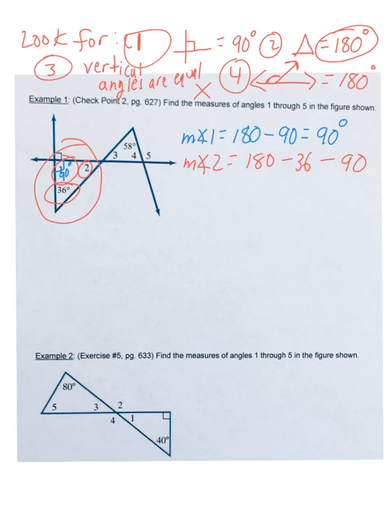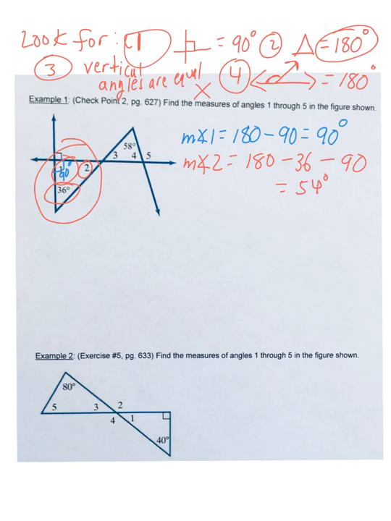So if you see a triangle and you have 2 out of the 3 angles, you do 180 degrees to represent the triangle, and you simply subtract in any order the other 2 angles. So minus 36 minus 90. When I do 180 minus 36 minus the 90 for angle 2, I get 54 degrees.